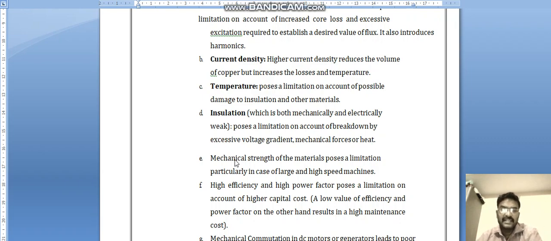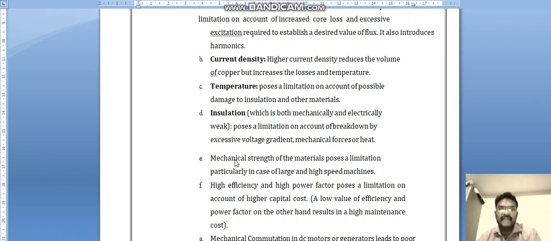Next, high efficiency and high power factor impose a limitation on account of higher capital cost. If you go for a machine with higher efficiency, the capital cost will also increase. So the machine should be chosen such that it gives good efficiency and at the same time the cost of the machine is low. A low value of efficiency and power factor, on the other hand, results in high maintenance cost.